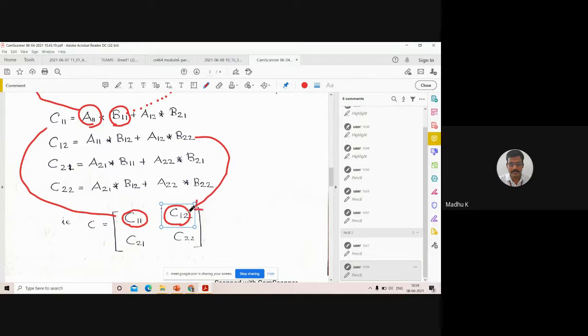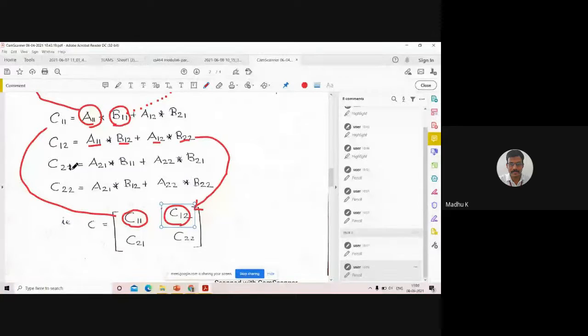There are two matrices A11 and B12, which are multiplied, and we get a matrix. These are another two matrices. We will multiply them and get another matrix. Then we will perform the addition of these two matrices, and we will get C12.